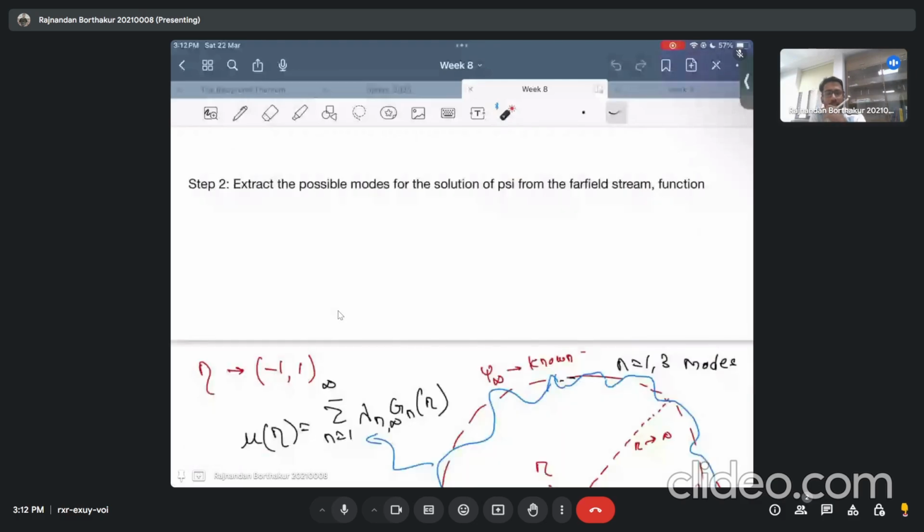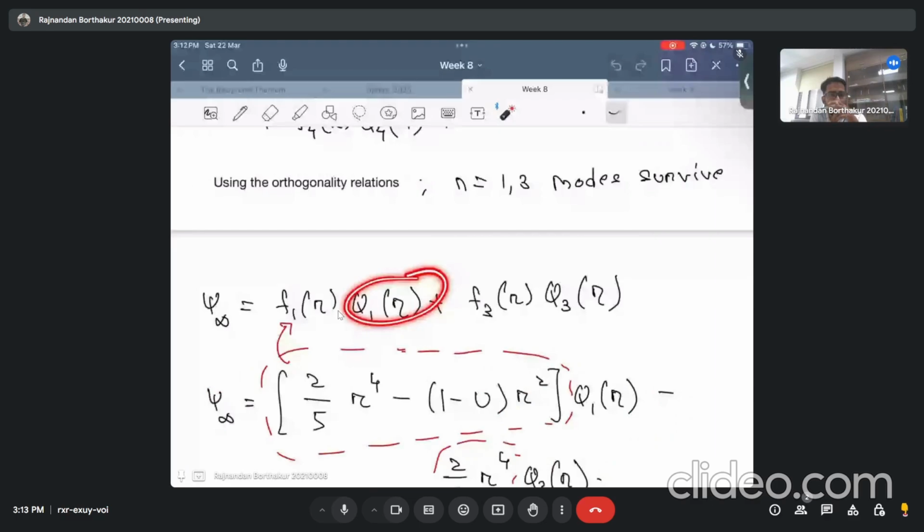And then we argued that the form of the solution of psi in the entire domain will be dictated by the modes present in the far field solution. This is again a feature of orthogonal functions, and things will be much more clarified when we formally evaluate the boundary conditions on the surface of the sphere, and then apply the orthogonality principle to check which modes will be present in the general solution for psi.